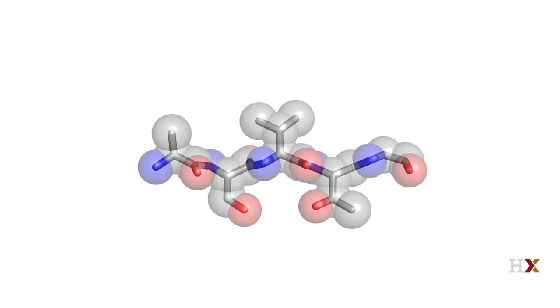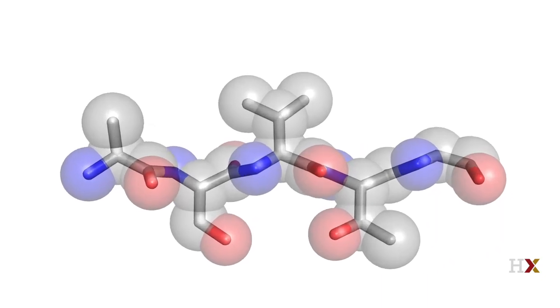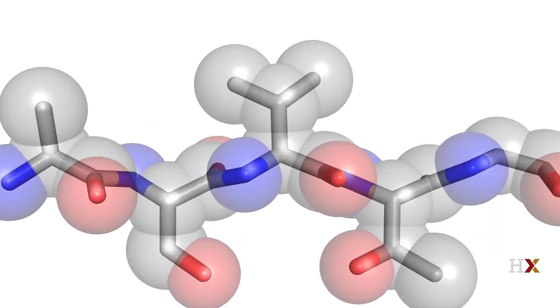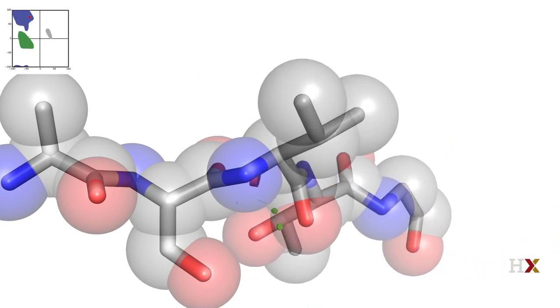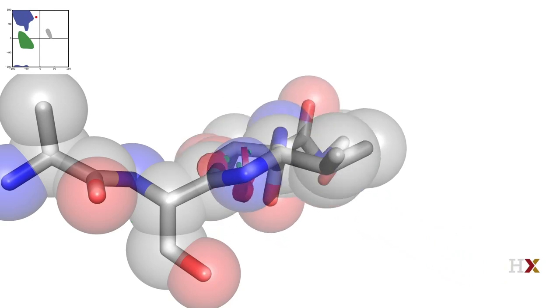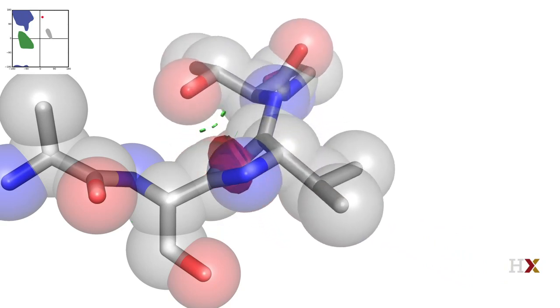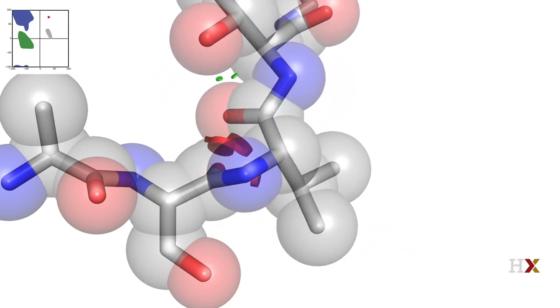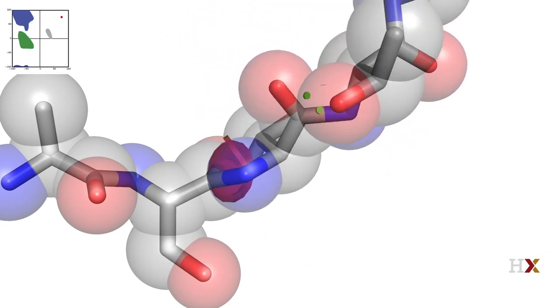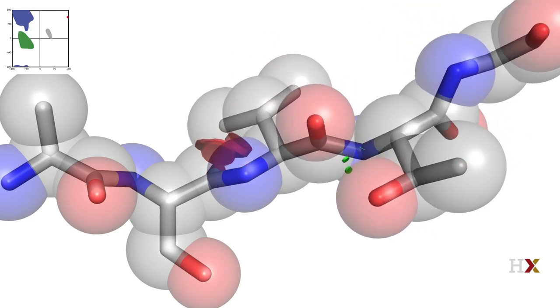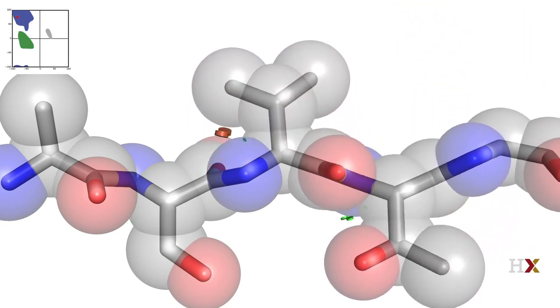This animation illustrates a full rotation around the phi bond of a valine residue. The corresponding dihedral angles are indicated in the Ramachandran plot on the top left. Steric clashes are illustrated by cylinders that you see appearing at some angles. Note how the allowed angles here within the blue region of the plot minimize those clashes.